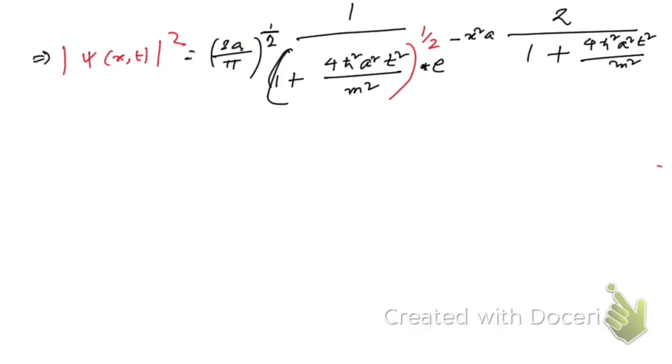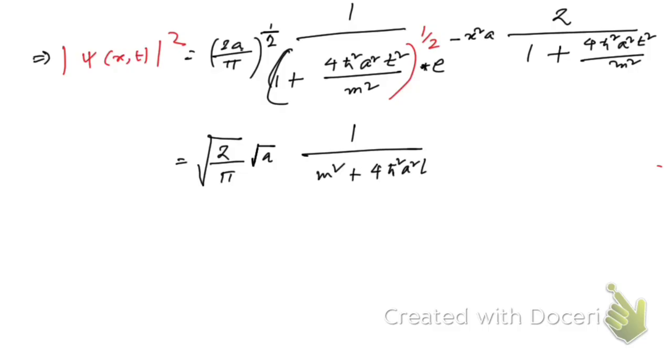So now you see, if we simplify this term, if you take m LCM here, 2a by pi, here let me write the a here. This is square root of this and square root of a, and 1 by here m square plus 4 a square a square t square by m square.